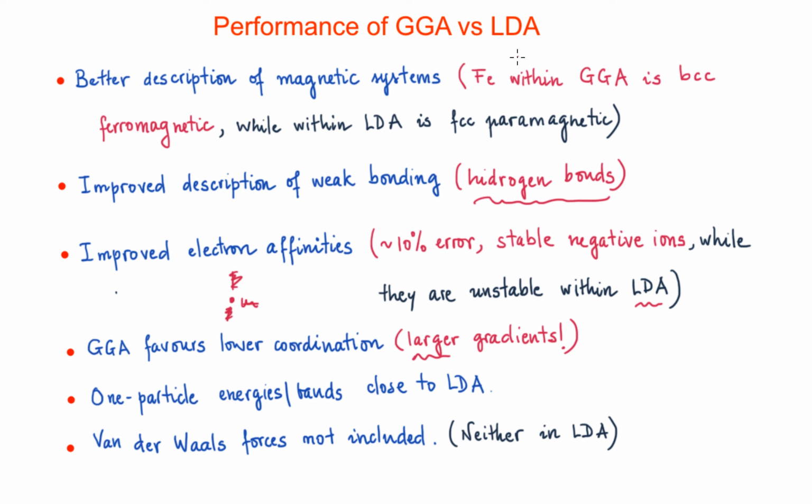But for many systems, both approximations are quite often used to describe the properties of the systems, because the GGA does not make the LDA completely unreliable, even though for many features it's slightly better.